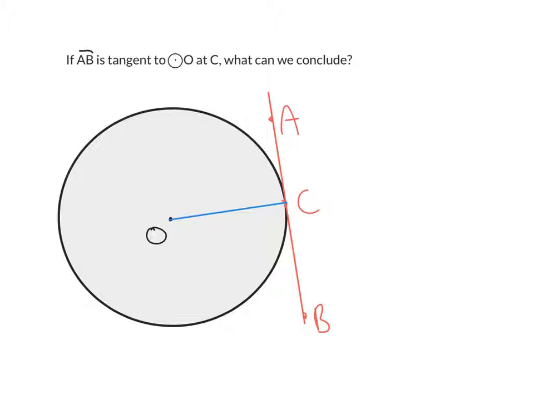Well, if you guessed, hey, I'm pretty sure those are perpendicular, you are absolutely correct. When you draw a line that's tangent to the circle, it's perpendicular to the radius that touches at that point. Awesome. That can be very helpful to solve things, because you can break things into right triangles and all sorts of great stuff. Okay? Cool.